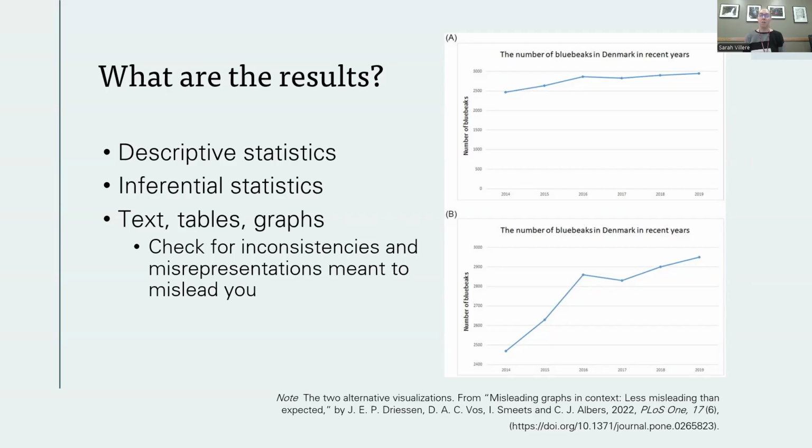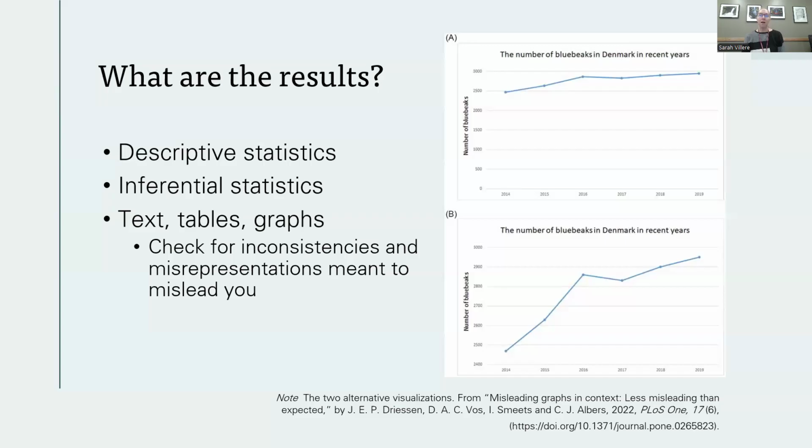One thing that you want to check for is that the graphs don't have any inconsistencies or misrepresentations that can mislead you. So sometimes the researchers can manipulate the axis or scales to make it look like there actually was a big difference when the p-value shows that the results were actually not significant. So for example, these two graphs are showing the same data, but the graph on the top has a y-axis that starts at 0.